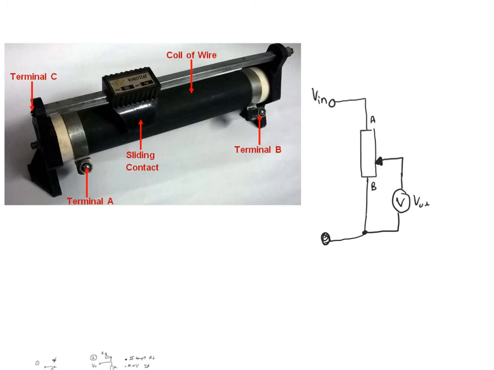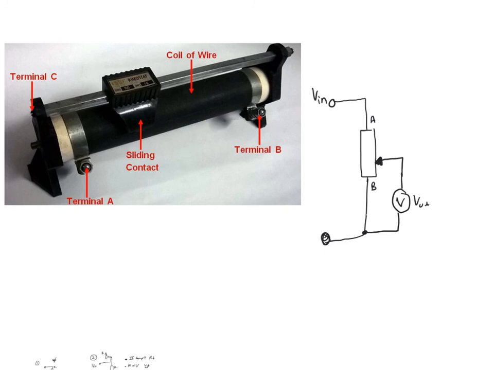back and forward. This black part of it is actually a very tightly coiled wire that provides you the ability to change your resistance based on the length of the wire and where you're moving the sliding contact from.